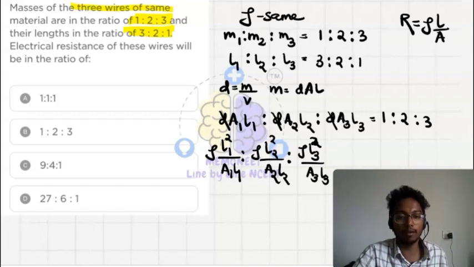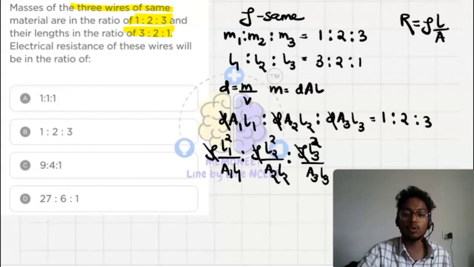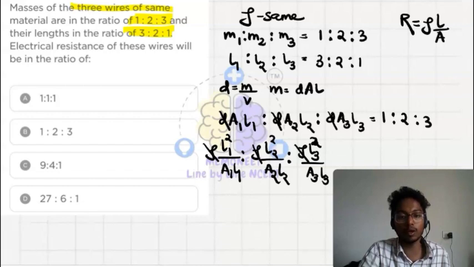So what we have is rho, and rho cancels here because it is resistivity, and resistivity depends upon the material, not upon the length and the area. As it is the same material, we get L1 square upon A1 L1 is to L2 square upon A2 L2 is to L3 square upon A3 L3. L1 square is to L2 square is to L3 square. What will the square of the lengths be?